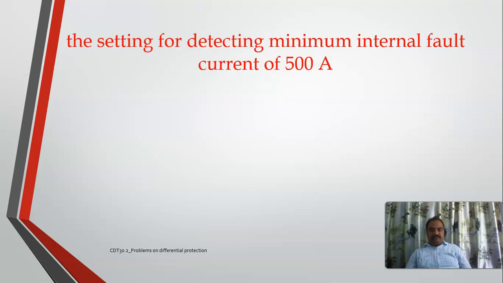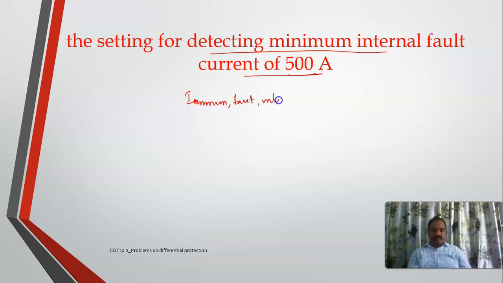Now my next question. The setting for detecting minimum internal fault current of 500 amperes. Which means that he needs to again set the voltage and he wants to go for 500 amperes. So in that case, my minimum internal fault current was N into I pickup value plus N into I naught, right?